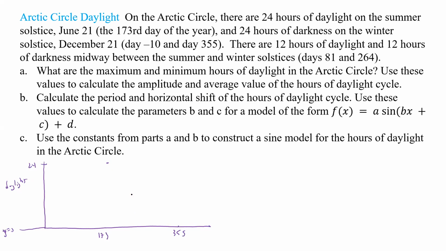And we know somewhere in between, about right about there, that's going to be day 264 and also 81. So we can go back this way and say, well, this is going to be on 81. And so we know those days. And if we keep going over here, it'll be also on this edge over here.